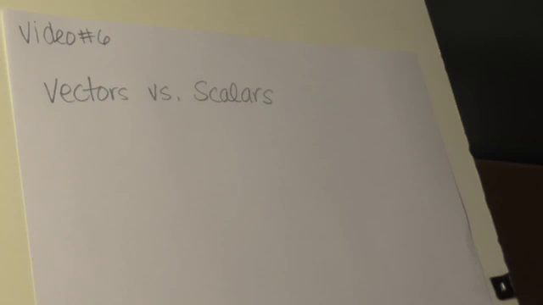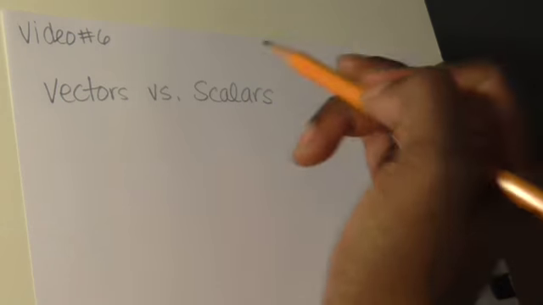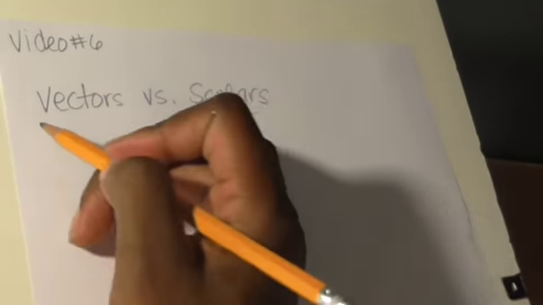But a vector is a quantity that's fully described by both magnitude and direction. So it's a number that has both magnitude and direction, how big it is and which way it's going. A scalar, on the other hand, only has how big it is.